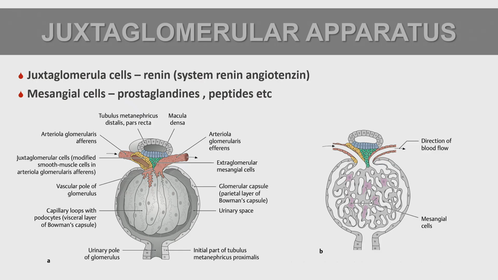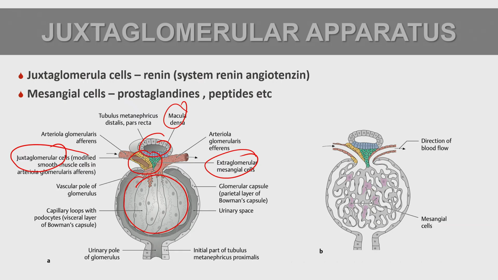The juxtaglomerular apparatus is a tissue between the glomerulus and the distal tubulus, where there is an important thing. There we have three important parts: macula densa, mesangial cells, and then juxtaglomerular cells.